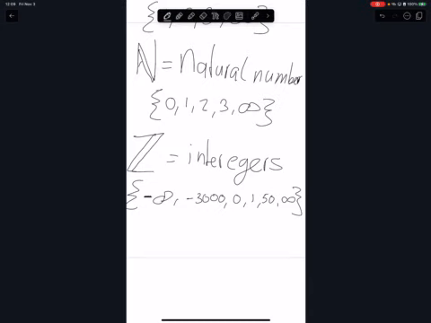Then you have the integers. After that, it's the Q. So what are Q? Correct.